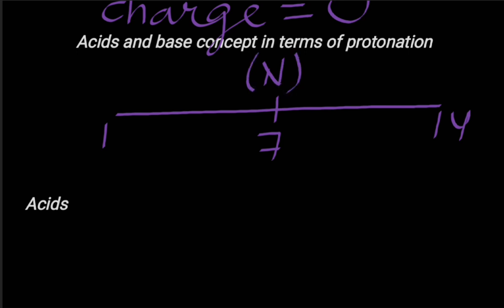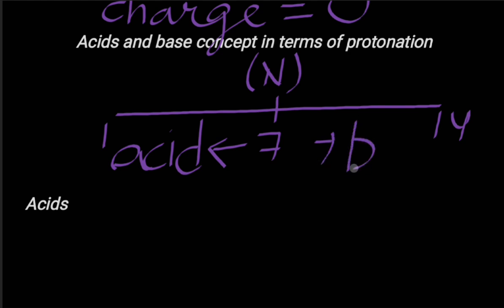And then when we move to below 7, the pH will be acidic. And if we move in the upwards direction, the pH will be basic, right?